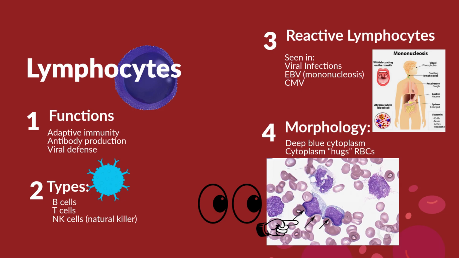Unlike neutrophils, which respond quickly to bacteria, lymphocytes are more specialized and are heavily involved in viral infections, antibody production, and long-term immunity. There are 3 types of lymphocytes that we are going to talk about, and these are the major ones. There's B cell for antibodies, T cell for attack, and NK, which are natural born killer cells.